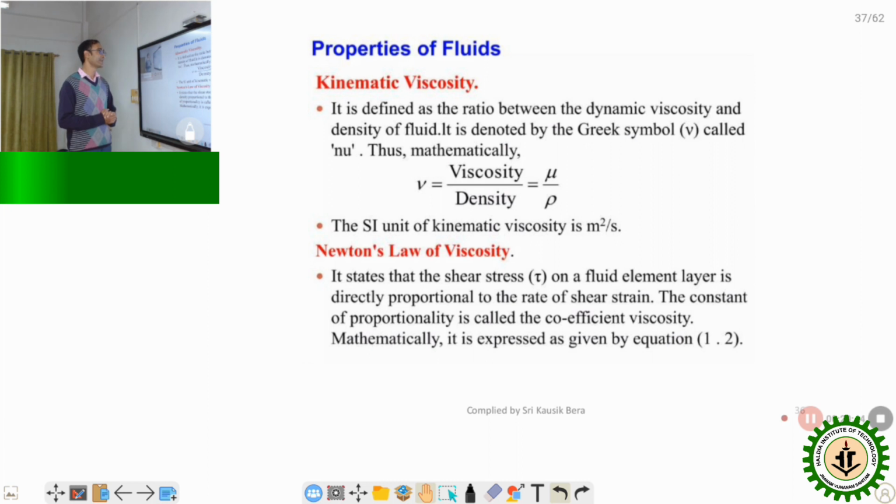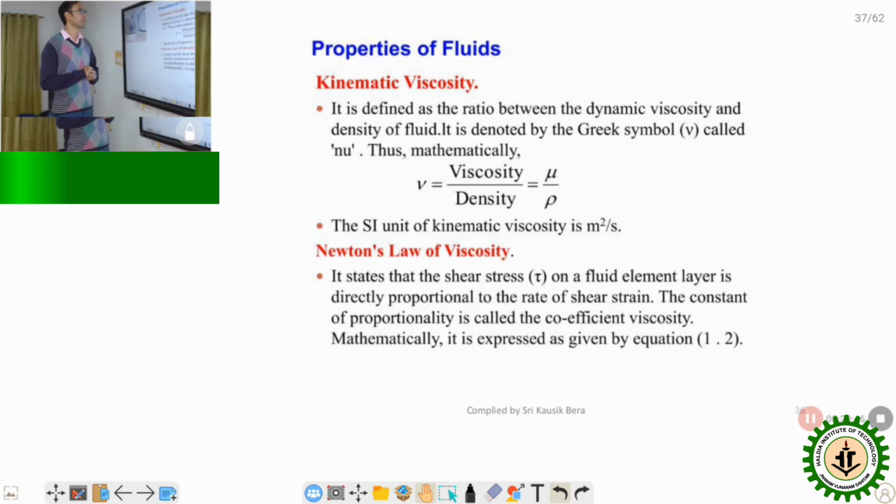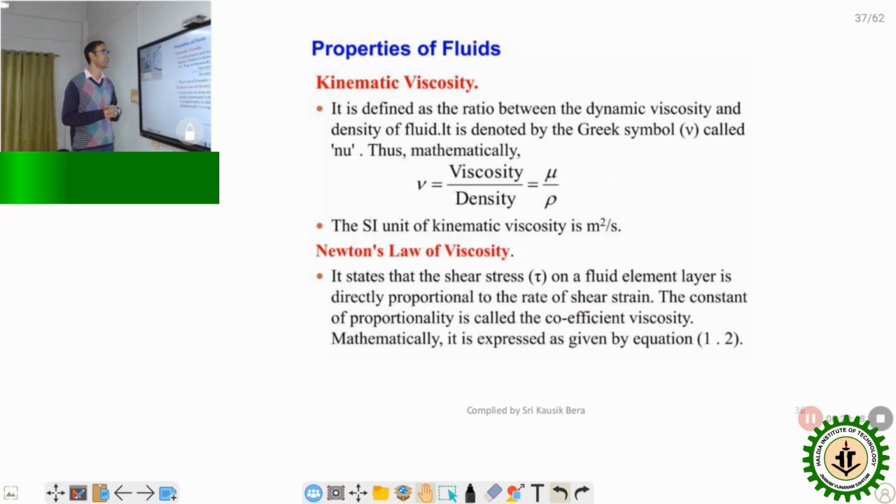Another thing is kinematic viscosity. Kinematic viscosity is defined as the ratio between dynamic viscosity and density of a fluid. It is denoted by nu, and mathematically nu equals mu by rho. The SI unit of kinematic viscosity is meter square per second.